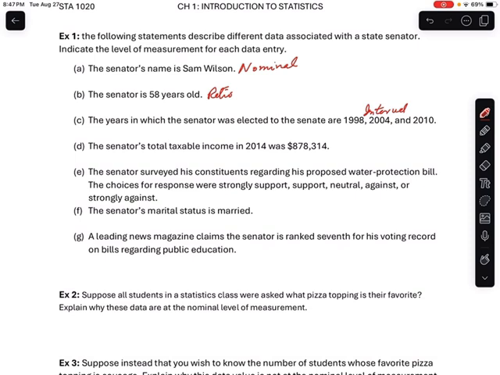It will tell us how much change there has been in his income. It may have decreased or increased. And if we take the ratio, it tells us the fractional part of how much the senator's income has increased. So income is going to be ratio level data.